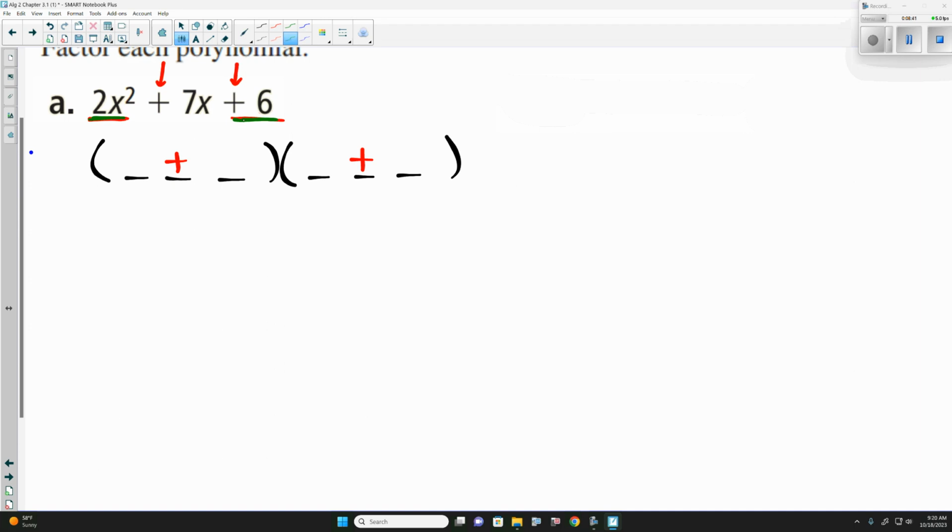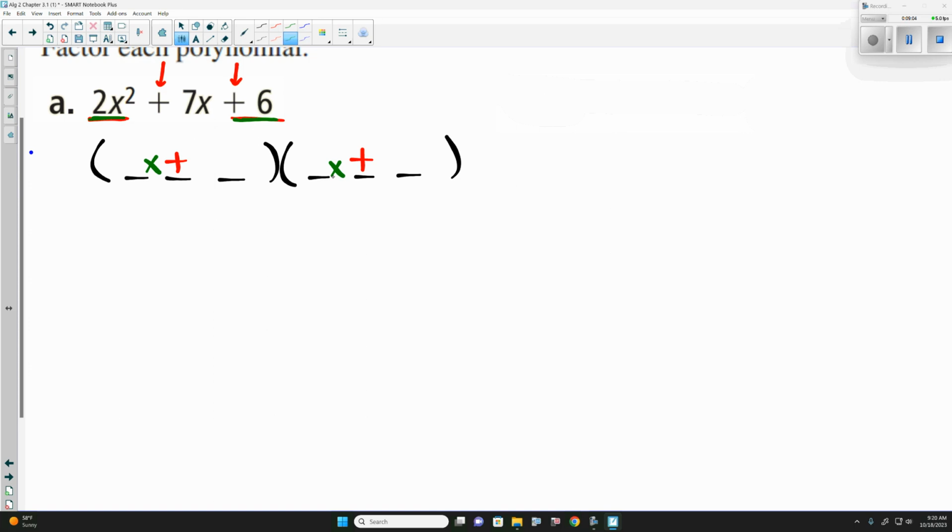Well, 2x squared, x squared, we know its factors have to be what? So we have x and x just for the x squared. Now, we did that because x squared, there's only one way to do it. There's only one setup, so we go on and throw those in.